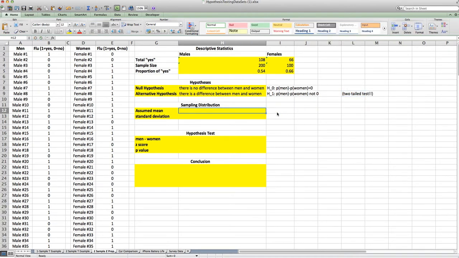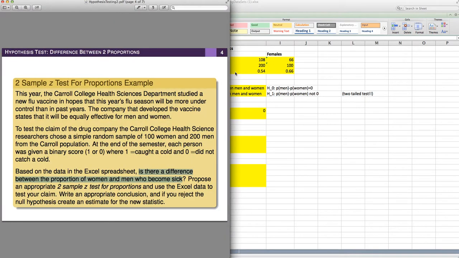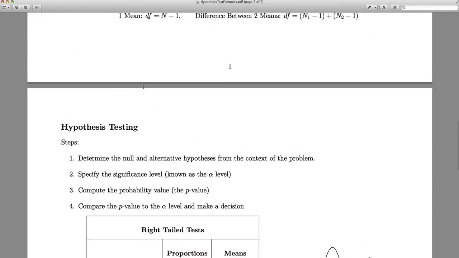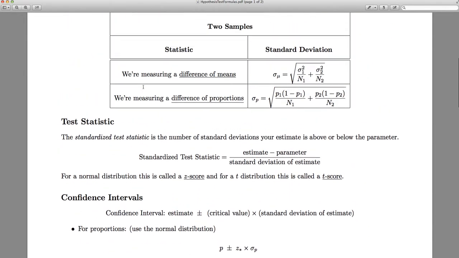Our assumed mean on the sampling proportion is 0. We are taking the difference between proportions. Our standard deviation is based on the proportions that we found, so it's based on sample information. If we go to our handy formula sheet, here we are.